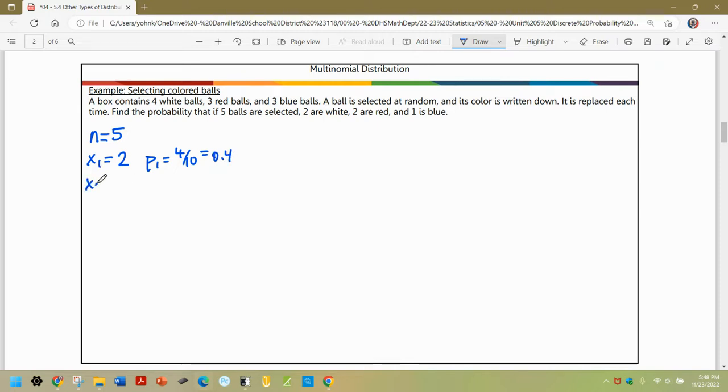The second outcome is 2 red balls, and the probability of a red ball is 3 tenths, or 0.3. The third outcome is 1 blue ball, and the probability of a blue ball is 3 tenths, or 0.3.